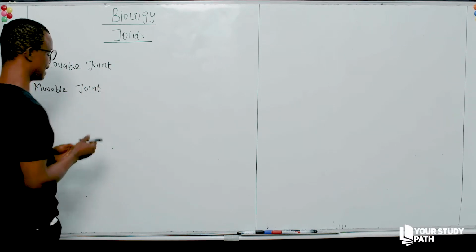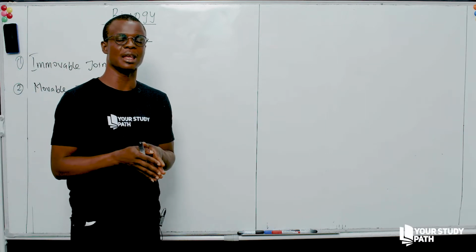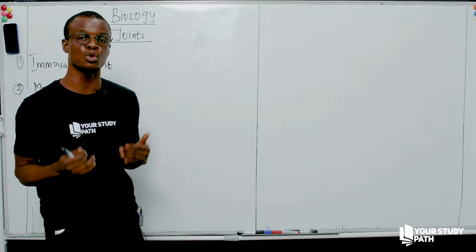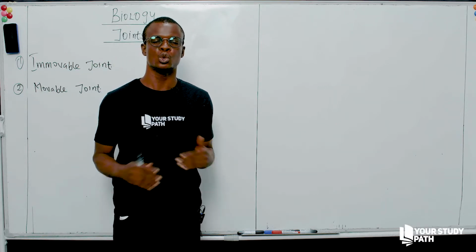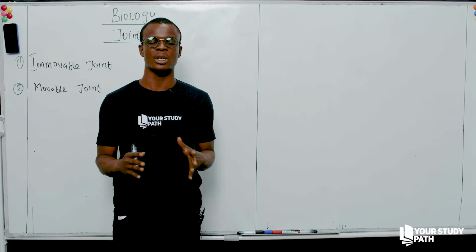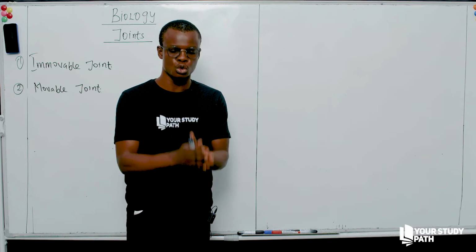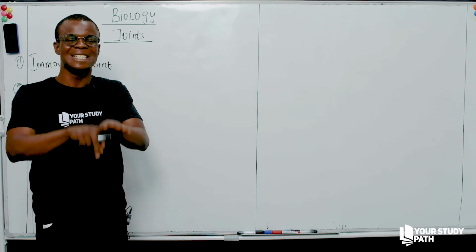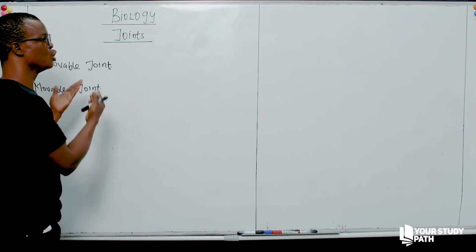When we talk about immovable joints, these are joints that are not moved at all. This is a place where two bones meet. However, they can't move or rotate to any degree at all. That's why they are called immovable joints.